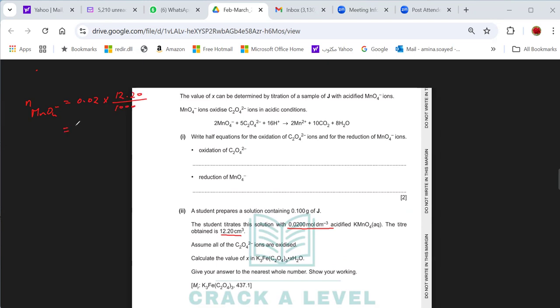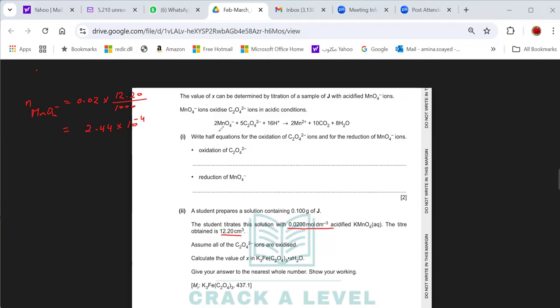And so we get 2.44 times 10 to the power minus 4. So this is the number of moles of the manganate.